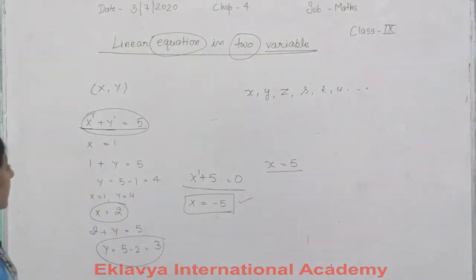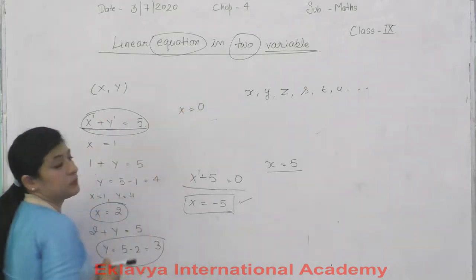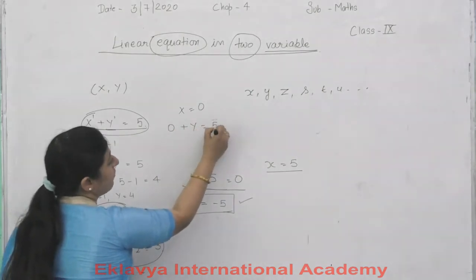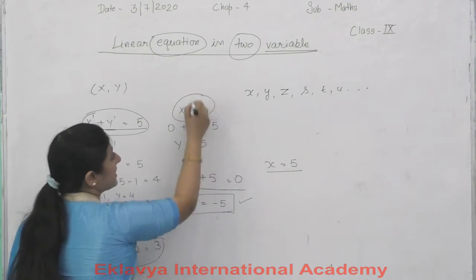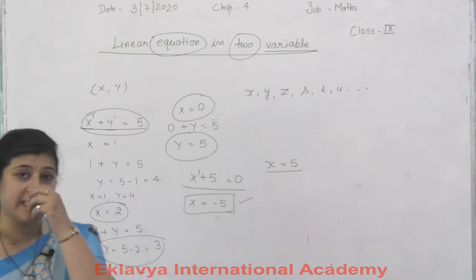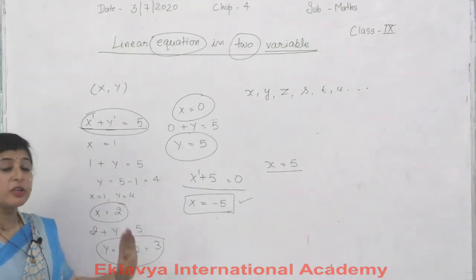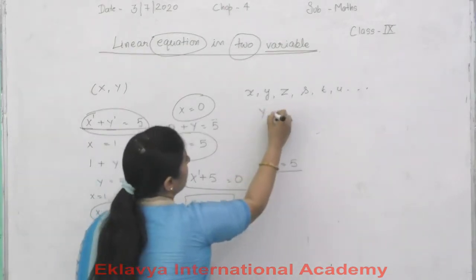Can we find another solution? Suppose I put x is equal to 0. Then 0 plus y is equal to 5, so y is equal to 5. For x is equal to 0, y is equal to 5. So we can see easily that for a value of x you can find the value of y, and also we can take y is equal to 0.